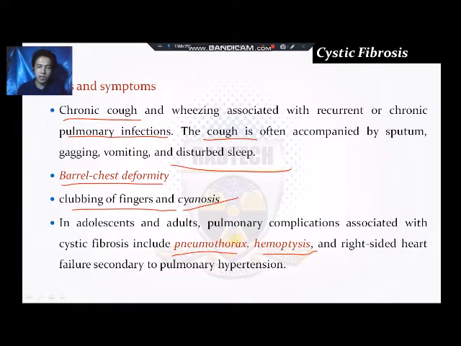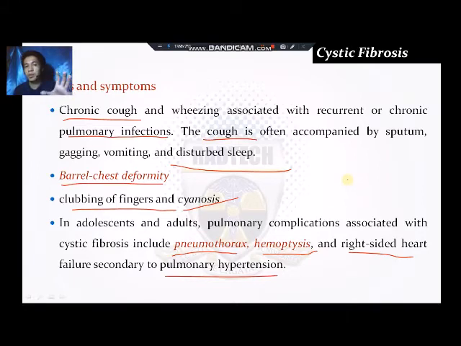In adolescents and adults, pulmonary complications associated with cystic fibrosis include pneumothorax and hemoptysis. Pneumothorax, which we will discuss later, is the accumulation of air within our pleural space. And then right-sided heart failure secondary to pulmonary hypertension. Because of the mucus plugs, dako kayo nga force ang kailangan sa imuhang bronchial system in order for the air to come in and go out of the respiratory tract.